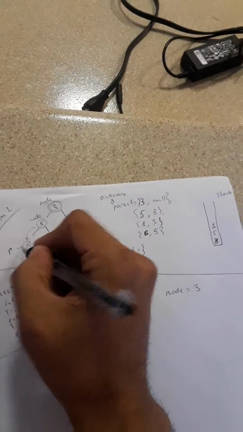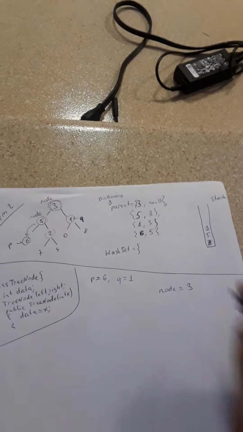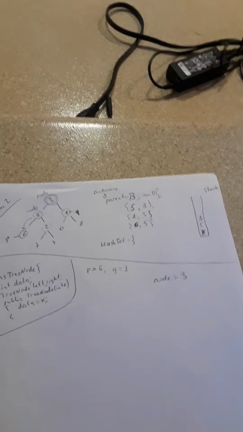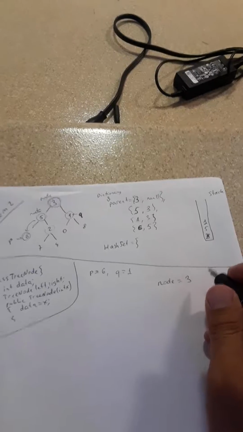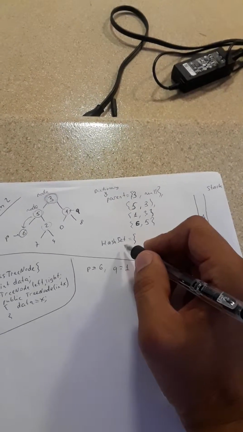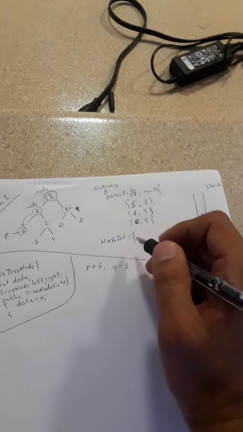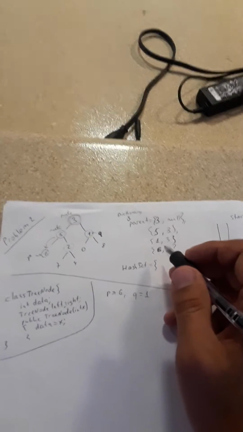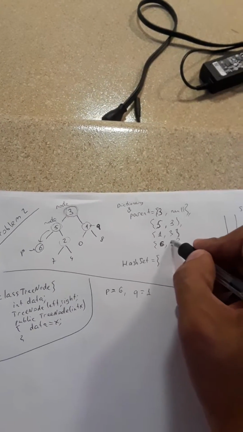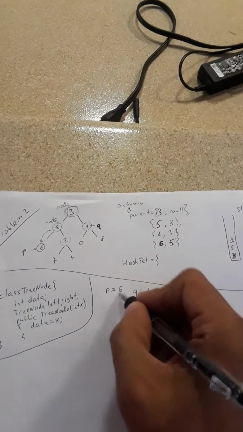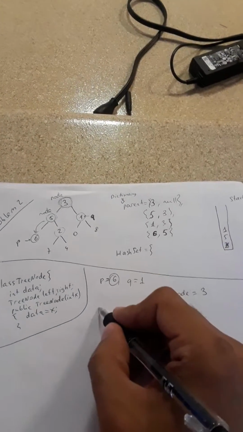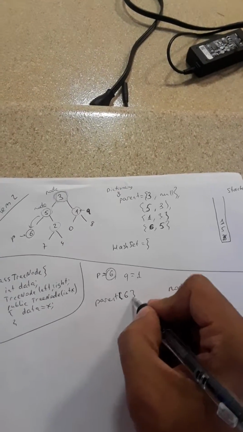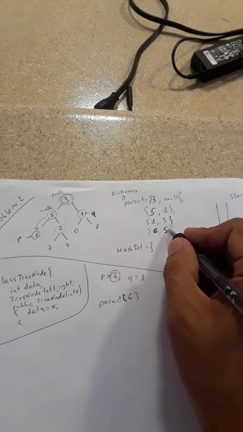Once I find this node, at this point I will stop, and then I will go and fill this hash set. Into the hash set, I will add the values of the P key. So I will pass the node itself as a key and pass the value from the dictionary.